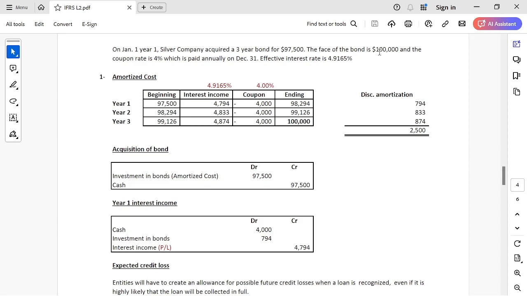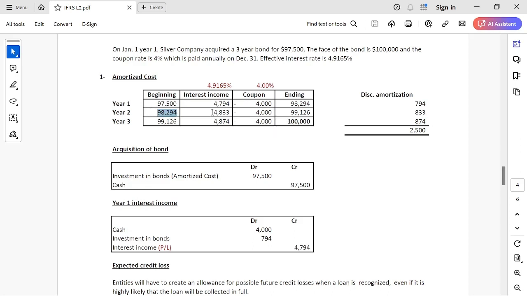The cash paid by the issuer, received by the investor, is always going to be the face value multiplied by the coupon rate, the stated rate. So think of it like a withdrawal. So we have accrued interest, but we withdrew 4,000 of it. So we get to an ending balance here of 98,294, which is going to be the beginning balance of the next year, and so on.